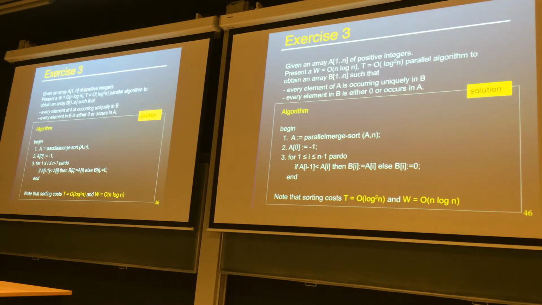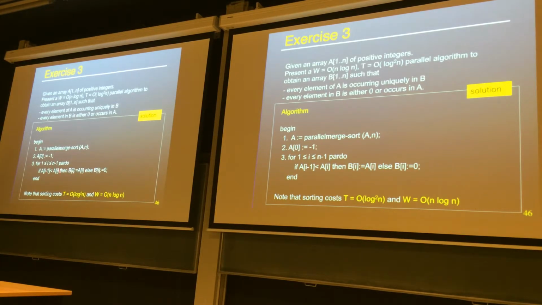That's because A_i contains positive integers, so it should be distinguished, because A_1 should always occur. So B_i should be set equal to A_i, and else B_i should be equal to 0.